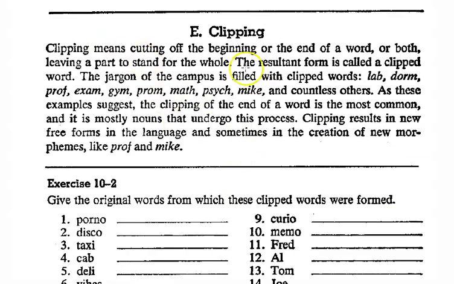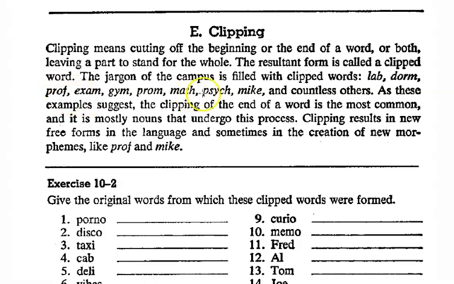Now in these examples, you will find some common words that you know, like exam. Some people do not know that exam is a clipped word from examination. Gym, gymnasium.